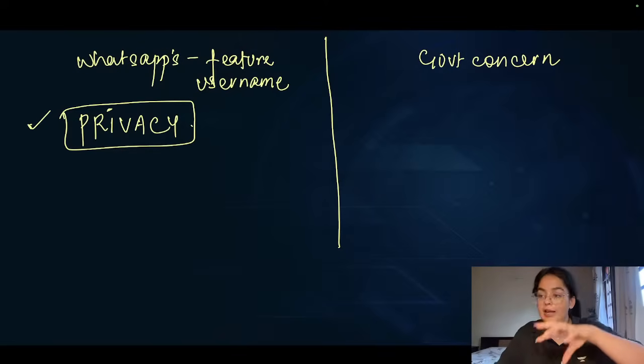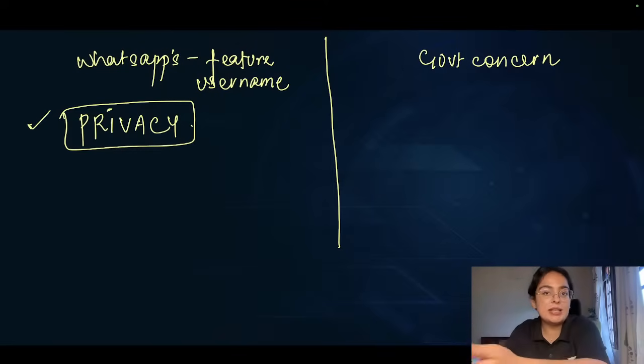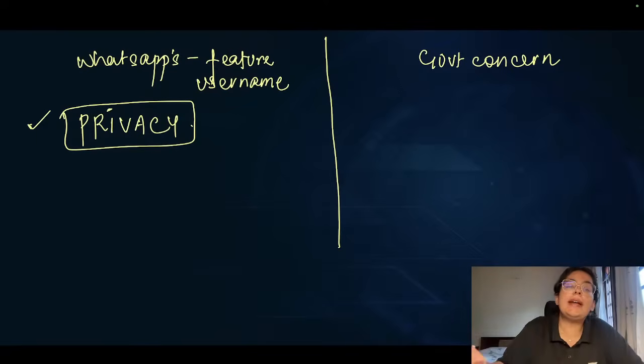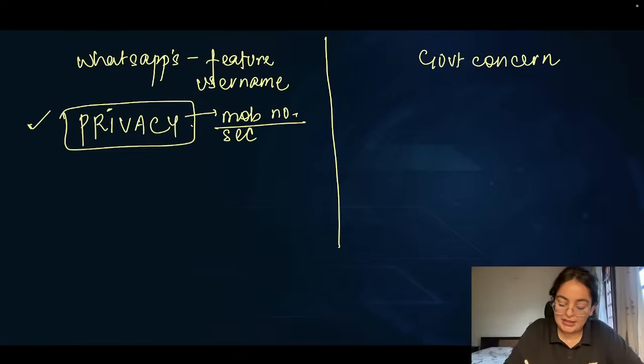Your mobile number can therefore be misused by someone doing identity theft, etc. So they said that mobile numbers are becoming absolutely important to secure, right? And that is an important part of privacy.